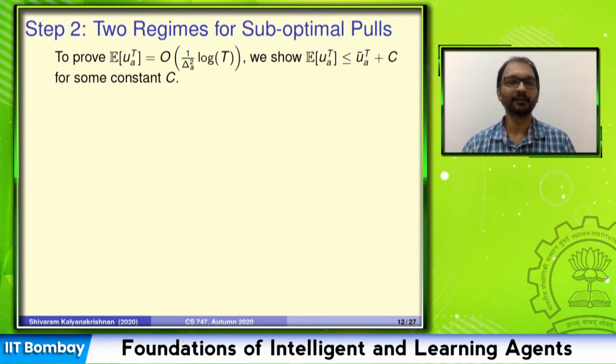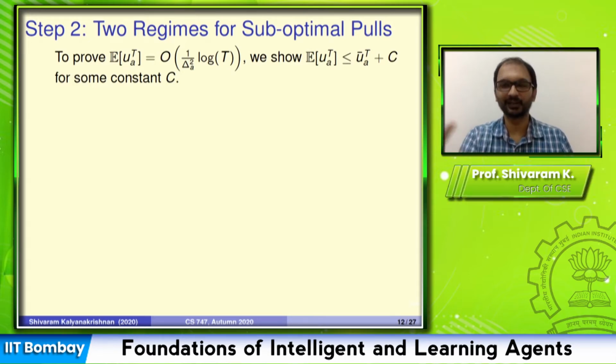The way we do that is to give the arm U bar_tA samples for free. We're not even going to try to bound that. Let's assume it's given so many samples, but thereafter, the arm having been pulled so many times will have to behave itself. In that regime, we will say that it cannot be pulled more than a constant number of times in expectation.